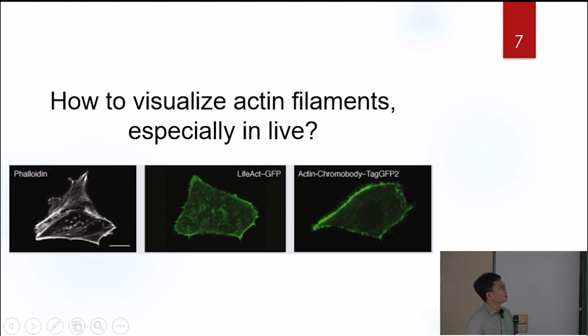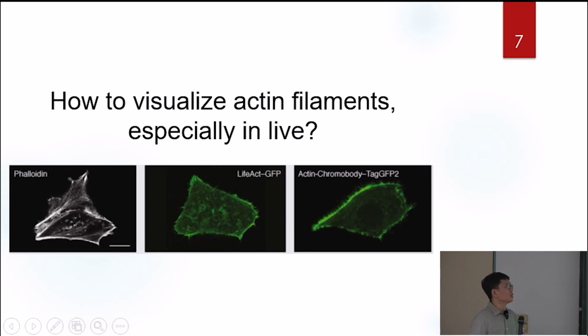Now we'll introduce several different ways to visualize actin filaments, especially in live cells. The most straightforward method is to fuse GFP, or another fluorescent protein, to actin. But because actin is about 40 kilodaltons and GFP is 28, it's pretty big.